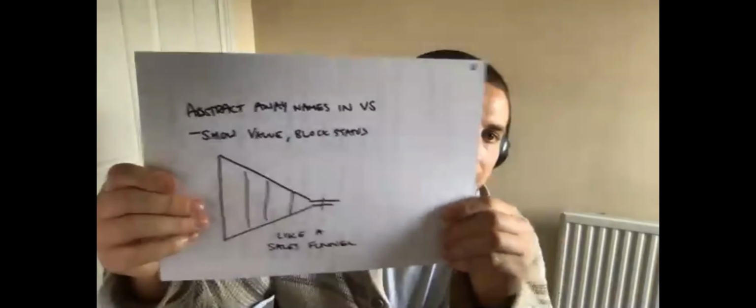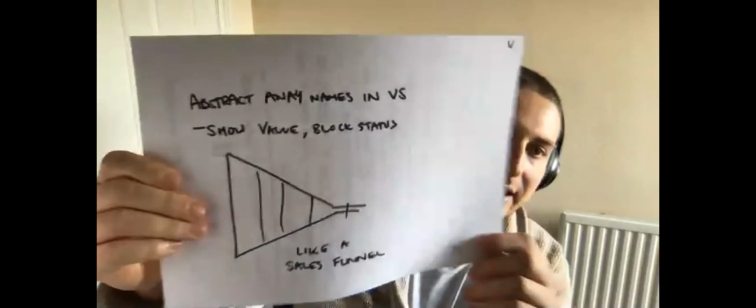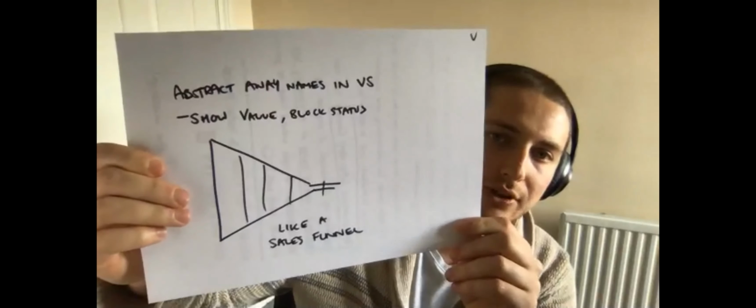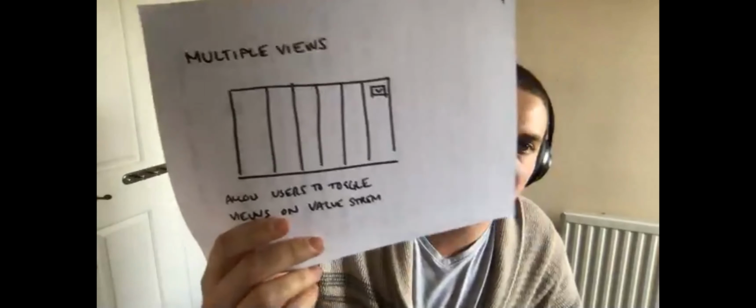Representing the value stream, abstracting away a lot of the details of the units, but showing it almost like a sales funnel. Allowing users just to toggle between different views within a Kanban board, so being able to toggle between the Kanban view and the value stream view and so on, without jumping between pages.